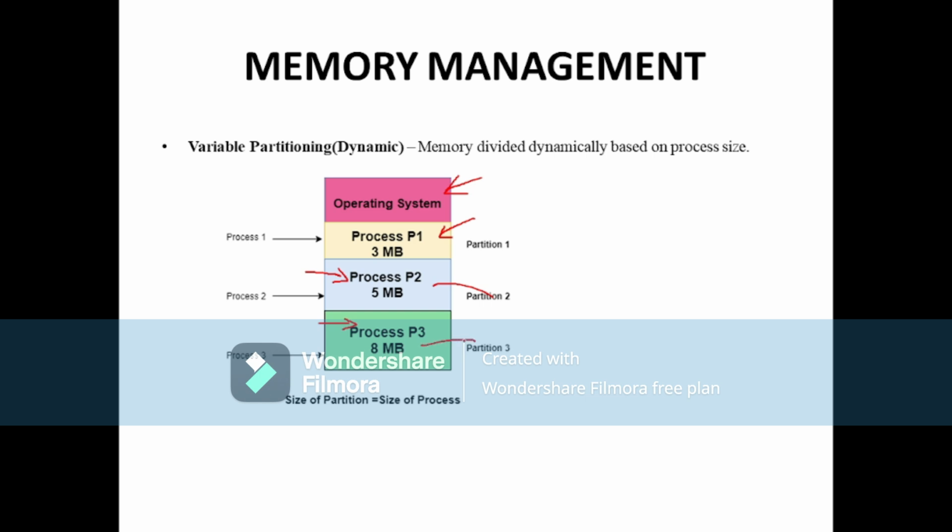So the third partition is of size 8 MB. As and when the processes come, depending on the size of the process, memory is divided accordingly. There is no fixed size. Depending upon the size of the processes, at different times, different sizes of memory will be allocated to the process. If I ask you what is the size of the partition, the size of the partition is exactly equal to the size of the process.